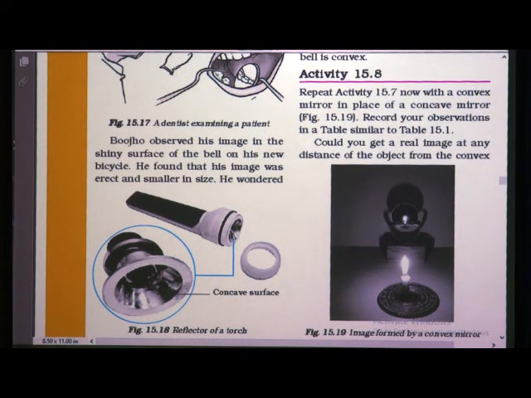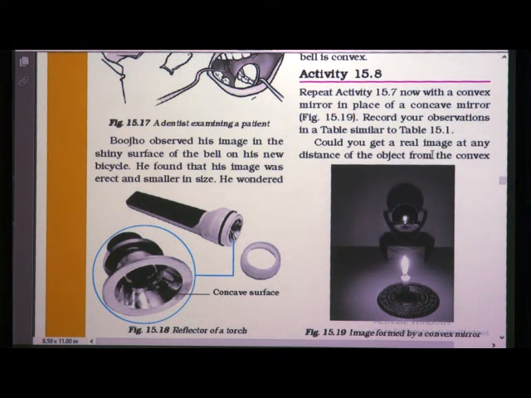Read this: repeat activity 15.7 now with the convex mirror in place of the concave mirror. Record your observations in a table similar to table 15.1.